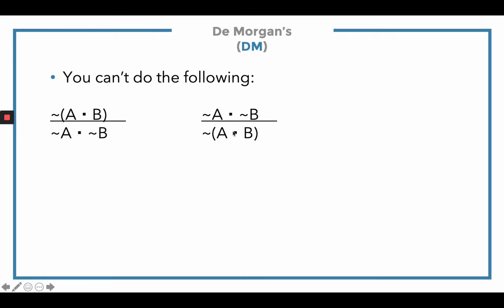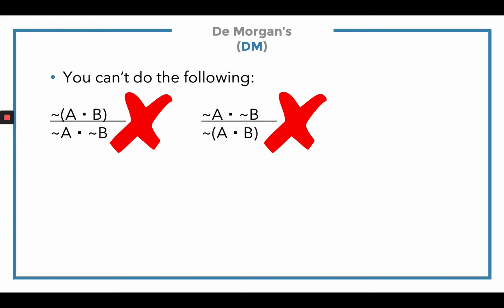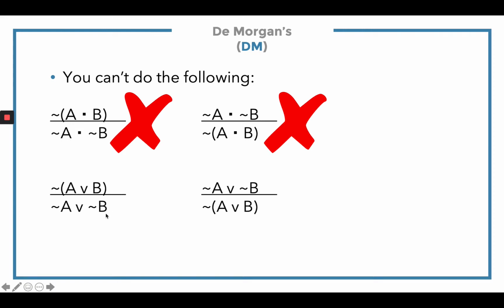We need to change the sign, so those aren't going to work. These two, however, down here, can we do those? No, same problem. If we're going to have the tilde out front, A or B, we're going to distribute it, we need to change the sign.